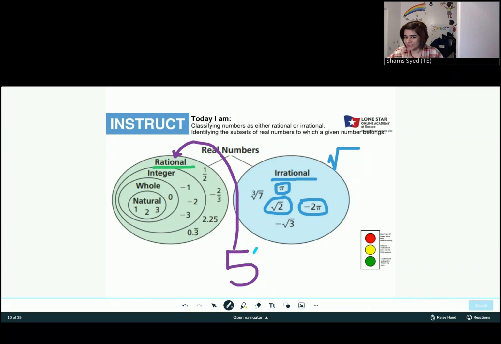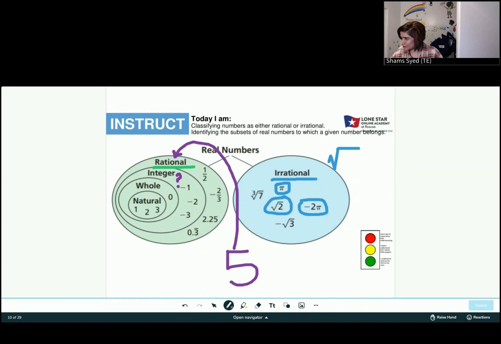Well, is it going to be an integer? Jocelyn says yes. Blessing and Huria say no. Now I am confused. Christian says no. Jocelyn is the only one who says yes.